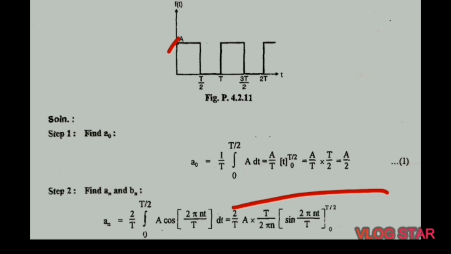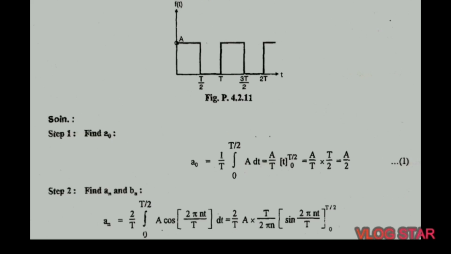The integration of a with respect to dt is a of t, because a is the constant term. So we take a upon t outside the integration, then put higher limit minus lower limit, that is t by 2 minus 0, so it becomes t by 2 into a upon t. Then t and t get cancelled and the remaining term is a upon 2. Okay, so in this way we have calculated the value of a0.